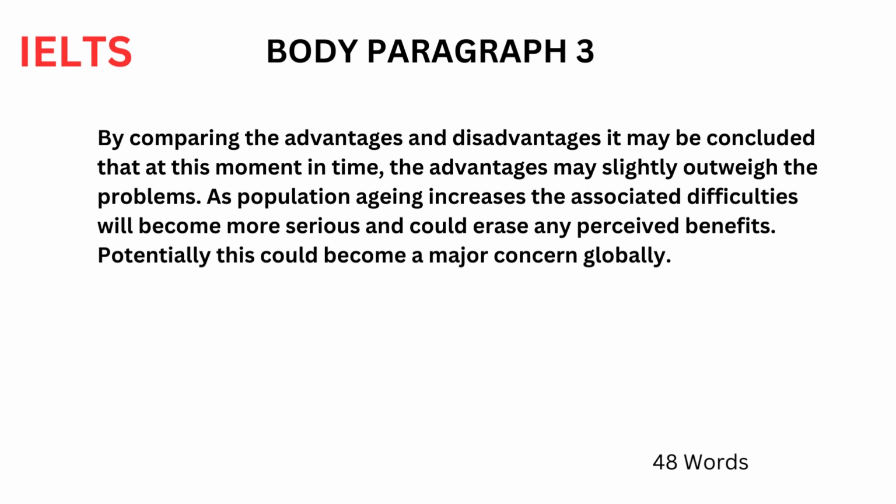By comparing the advantages and disadvantages, it may be concluded that at this moment in time, the advantages may slightly outweigh the problems. As population aging increases, the associated difficulties will become more serious and could erase any perceived benefits. Potentially, this could become a major concern globally. I think that says it all, and I think that's true actually.